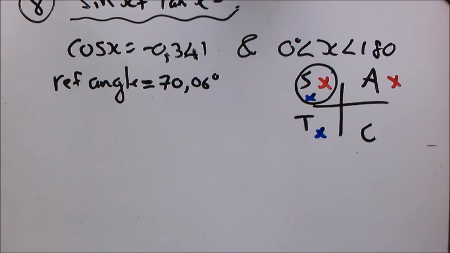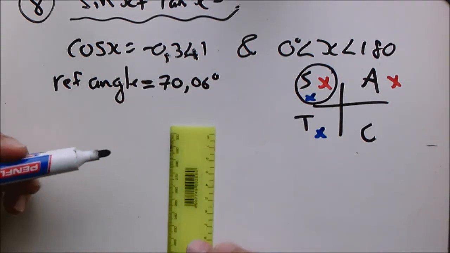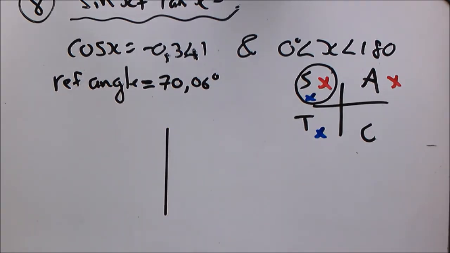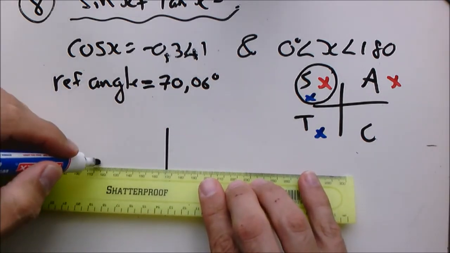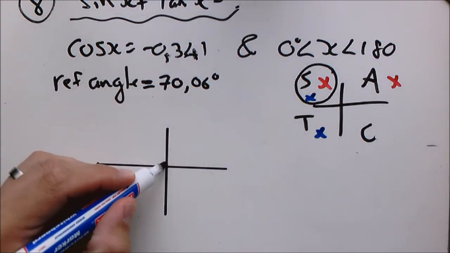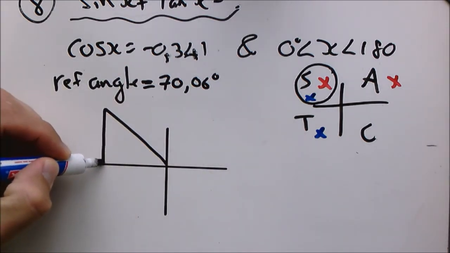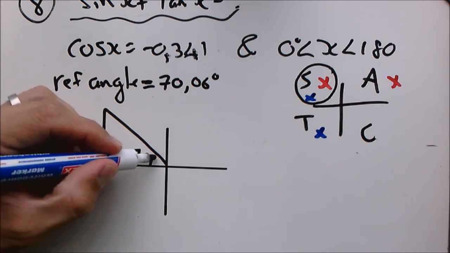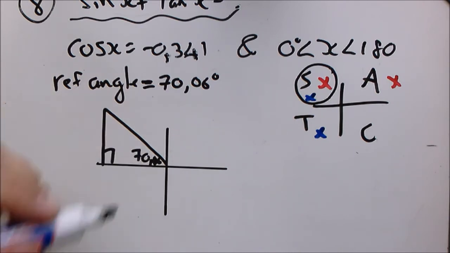By looking at our CAST diagram, we can now draw our triangle. So this is our 70.06 angle, and now we can solve for sin x and then tan x, and from there on get our final solution.